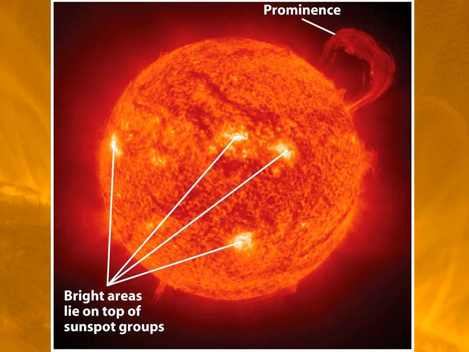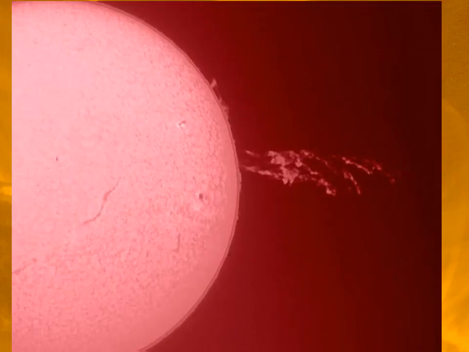These plages are bright regions in the chromosphere, and they typically lie on top of or above sunspot groups. That tells you there's a lot of magnetic activity, magnetic energy, at those sunspot groups. And again, here's a big prominence sticking out from the edge of the sun.